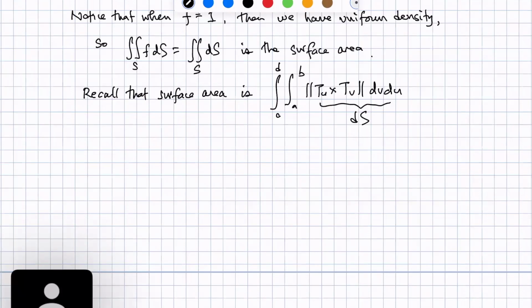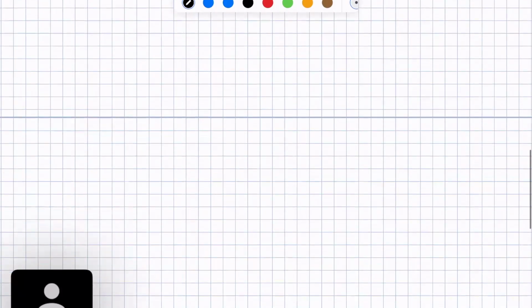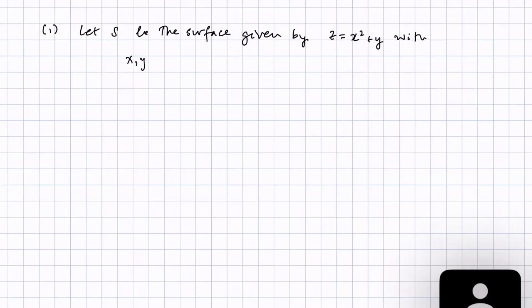Now let's do a host of examples. Let S be the surface given by z equals x squared plus y, with x between 0 and 1, and y between -1 and 1.